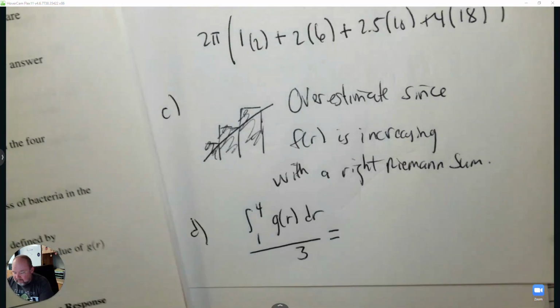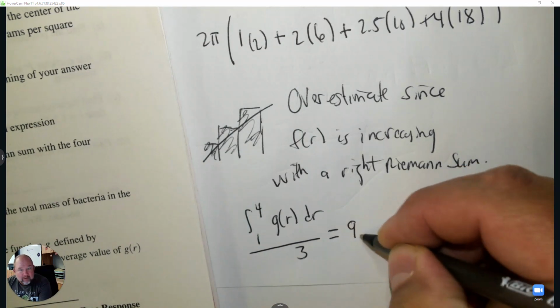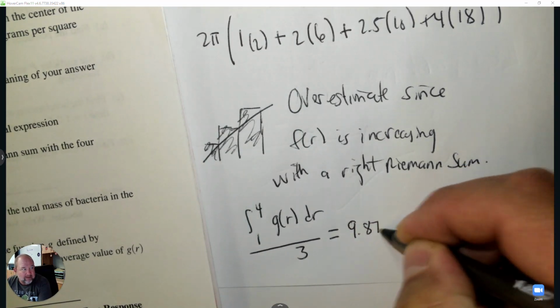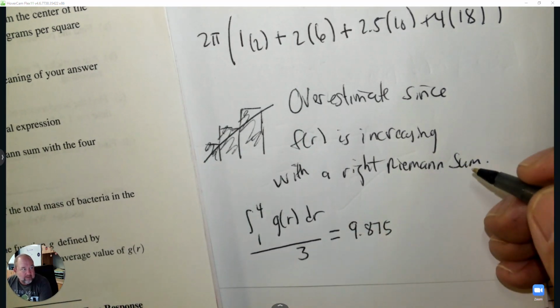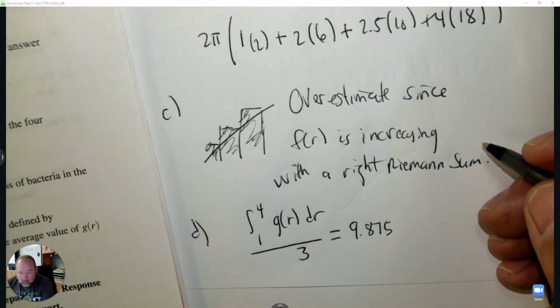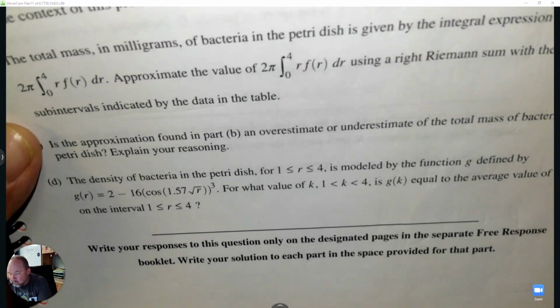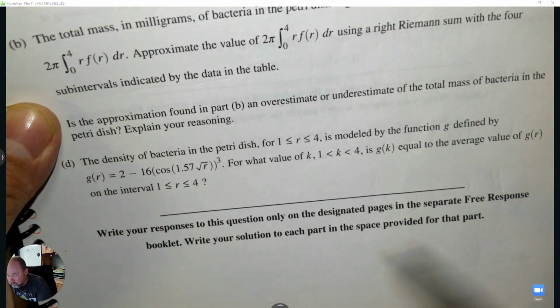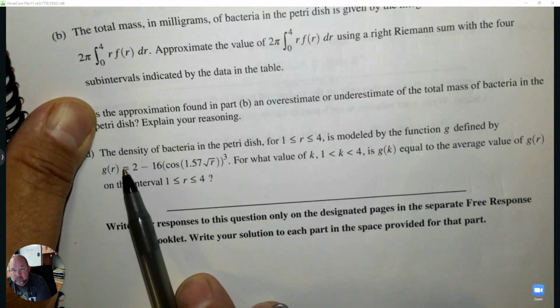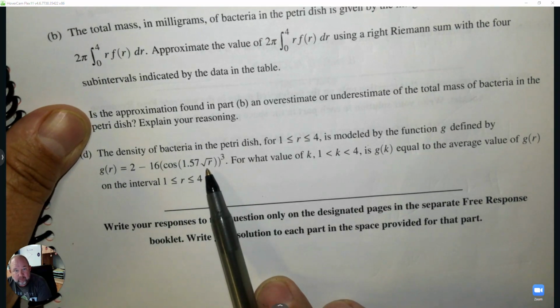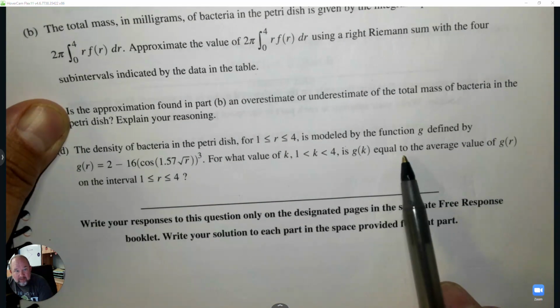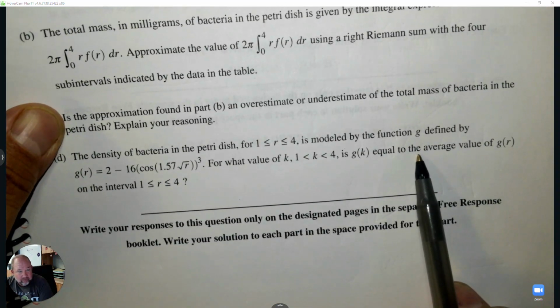So we need to find the average value first, and that answer with your calculator would be 9.875. Then g of k from 1 to 4 is equal to that average value.